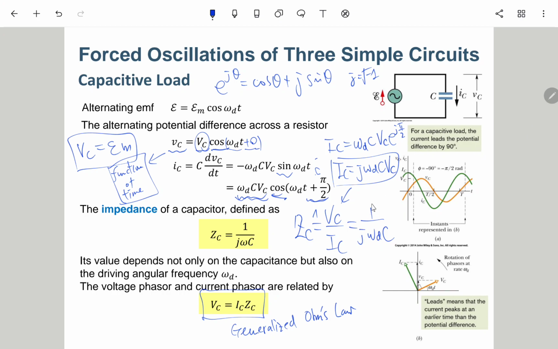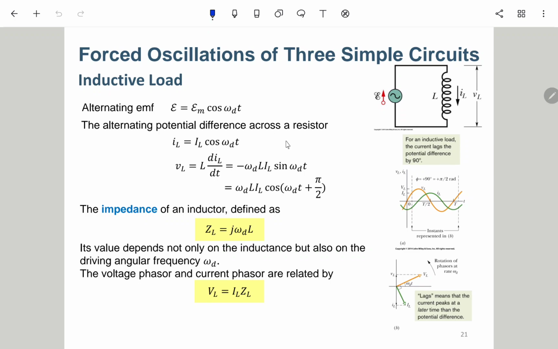The C turns into something like this, and the source also turns into a phasor. The phasor for this E is this EM, just ignore this cosine. Then we play with these complex numbers. Finally the solution is a complex number, and then we convert it back to the function of time by picking its amplitude and phase. The function of time will have the same frequency, the same amplitude as the phasor, and the same phase as in the phasor.